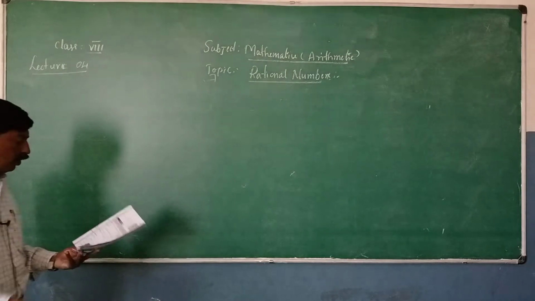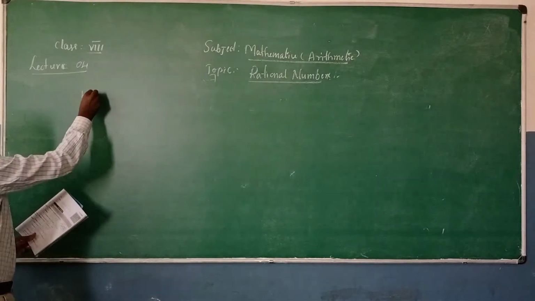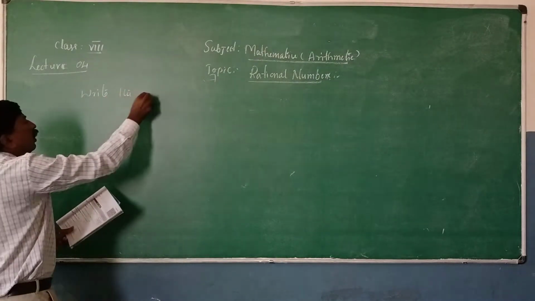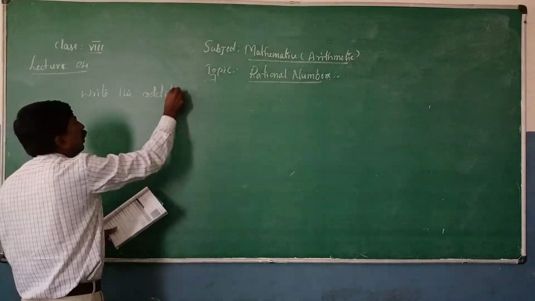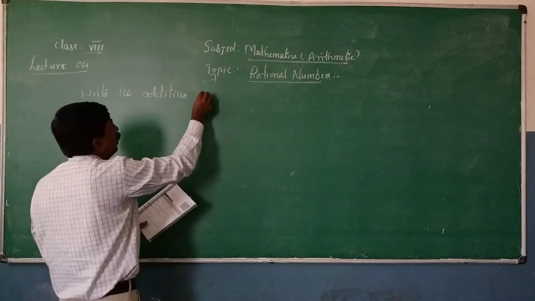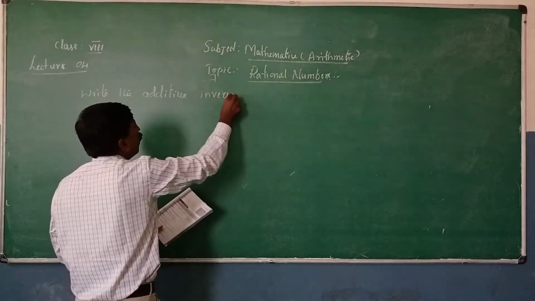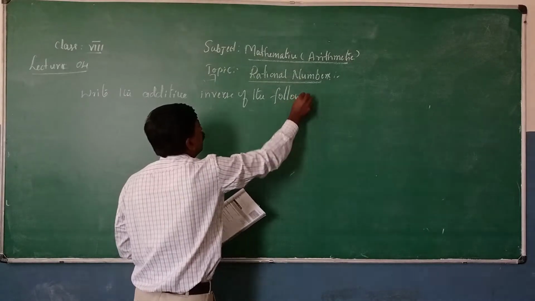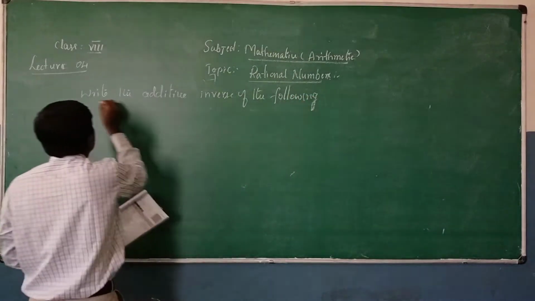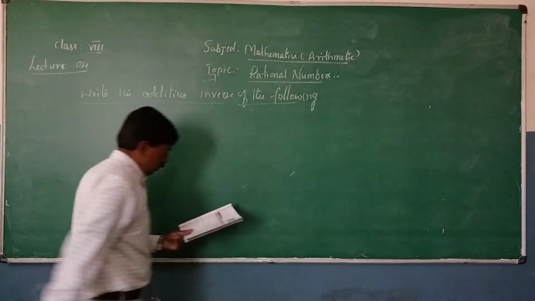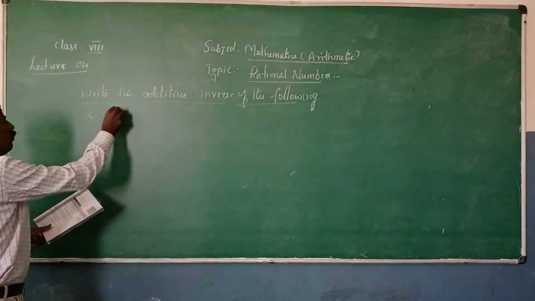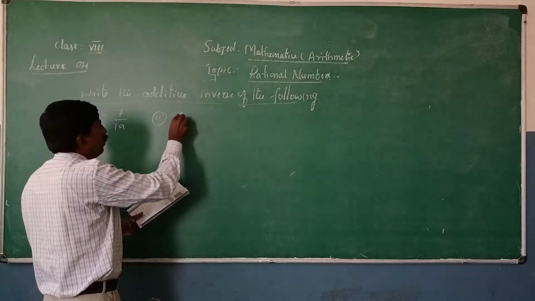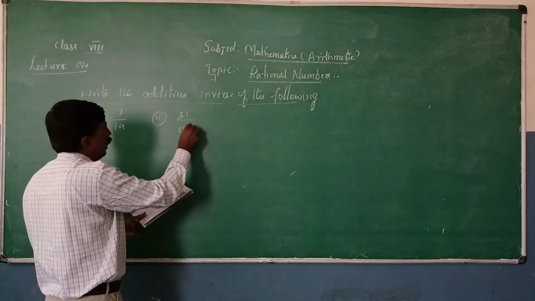Okay, directly I can pass on to the exercise problem. Write the additive inverse of the following. The first question, minus 7 by 19, and second question, 21 by 112.